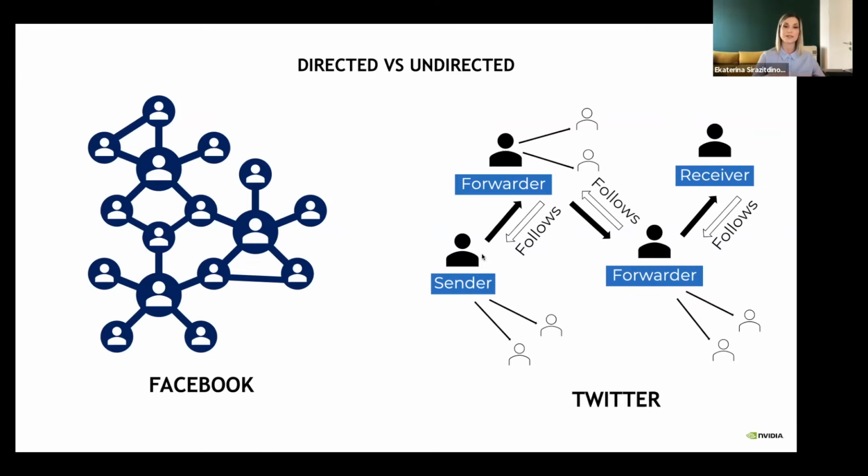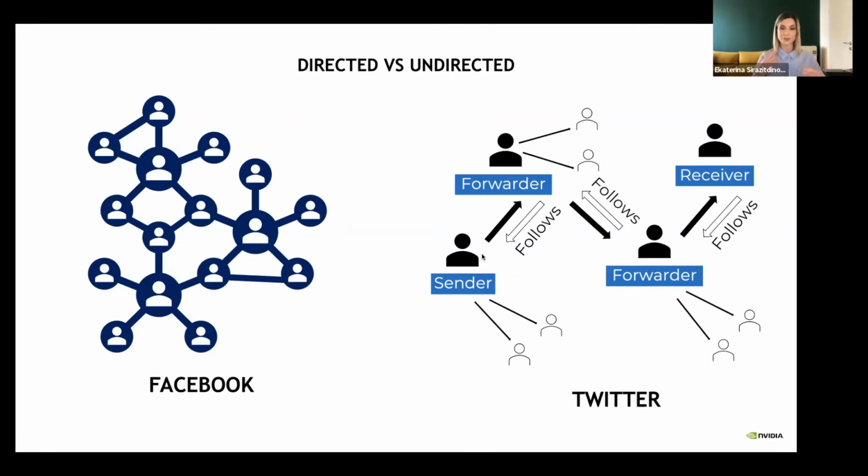Another example of a directed graph is a social network like Twitter, because in Twitter we can have different relationships which are directed. So we can have one person sending messages to another, and this will be a sender and receiver. You can follow one person and another person will not necessarily follow you back.